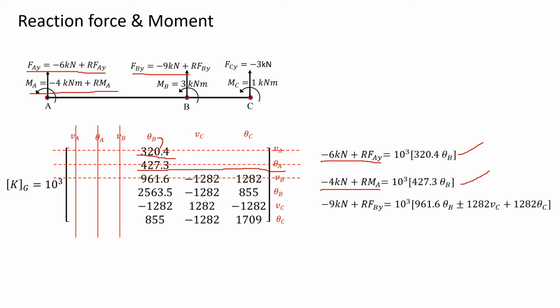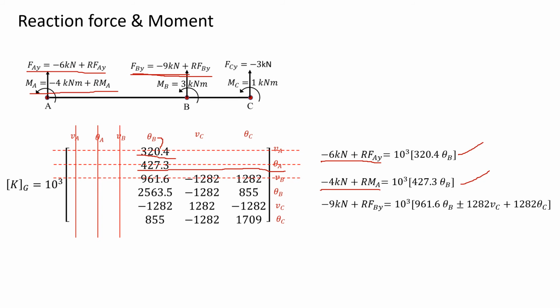If the question asks to calculate the reaction at point B, at point B we only have a reaction force, as we cannot have deflection in the y direction, but it can still rotate. That's why we only have a reaction in force.